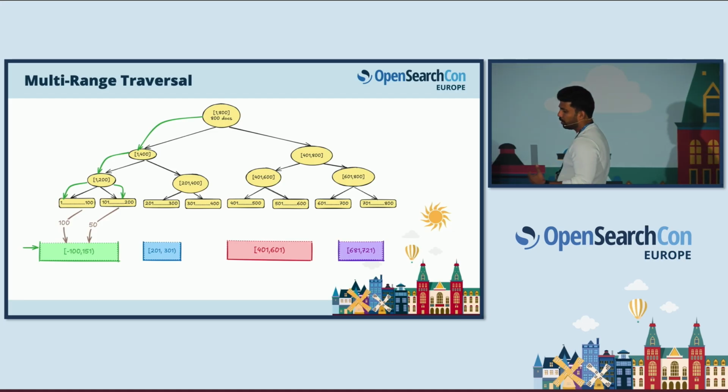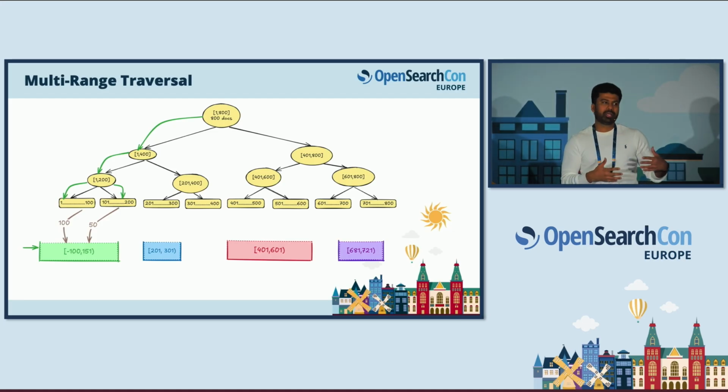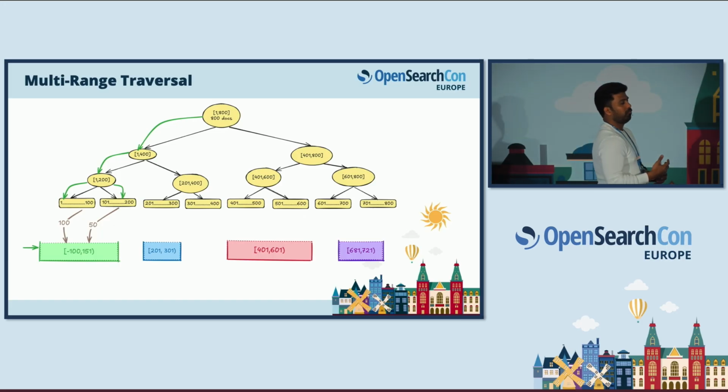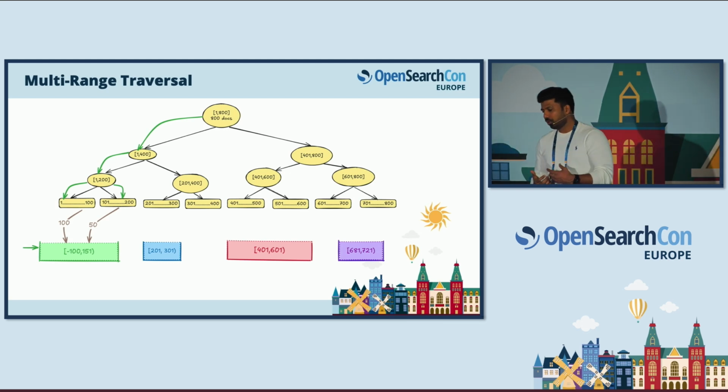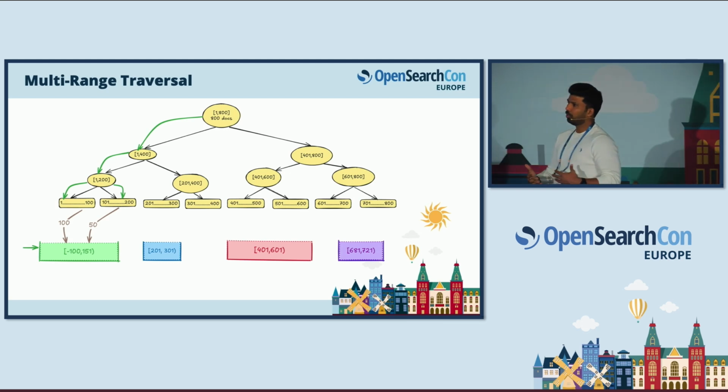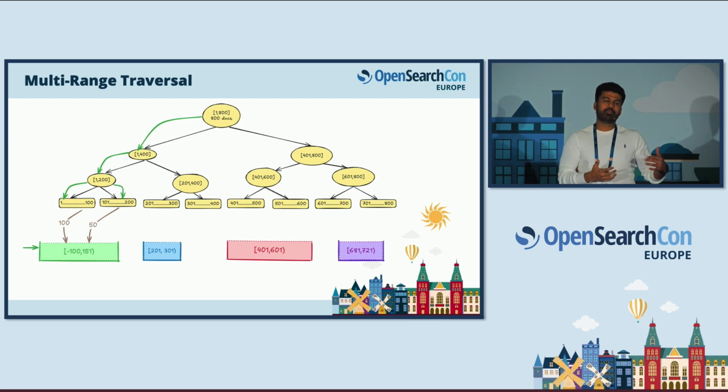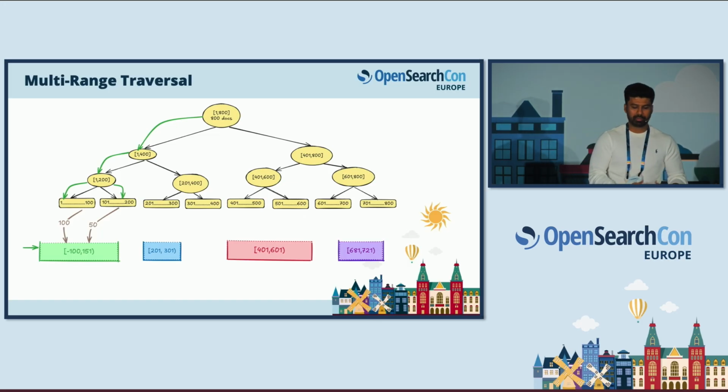The moment we encounter a value which is bigger than the maximum of the first bucket, we want to move to the next bucket, because we are doing the traversal of the tree in order, and we cannot get any more relevant documents in the first bucket.